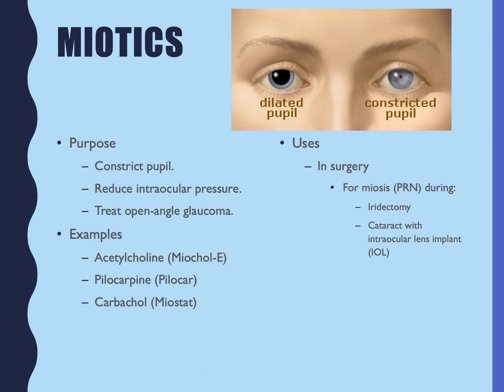So now I want to talk about Meiotics. Meiotics are another type of ophthalmic agent, and they are those that cause the pupil to constrict, or they're going to cause the iris to constrict, which causes the pupil to get smaller, right? So they work by stimulating the sphincter muscle of the iris.